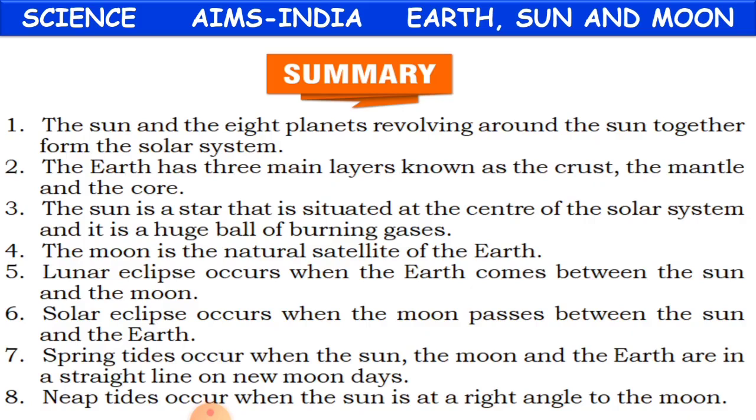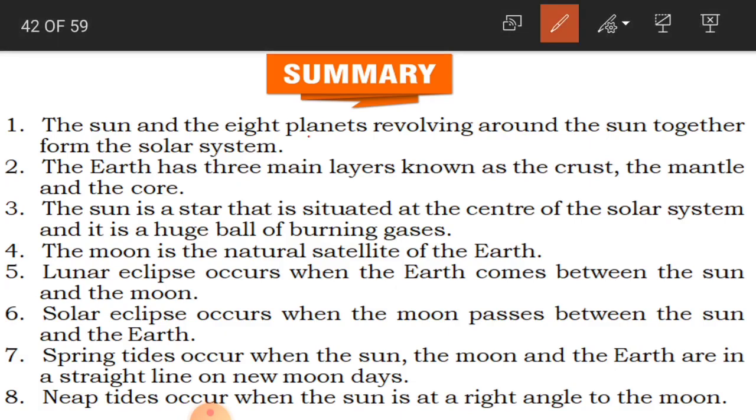Yes, now see, here is the summary. Like what all we have learned from our lesson Earth, Sun and Moon. So this is a brief information summarizing the lesson. The first point is the sun and the 8 planets revolving around the sun together form a solar system, which we call the solar system.